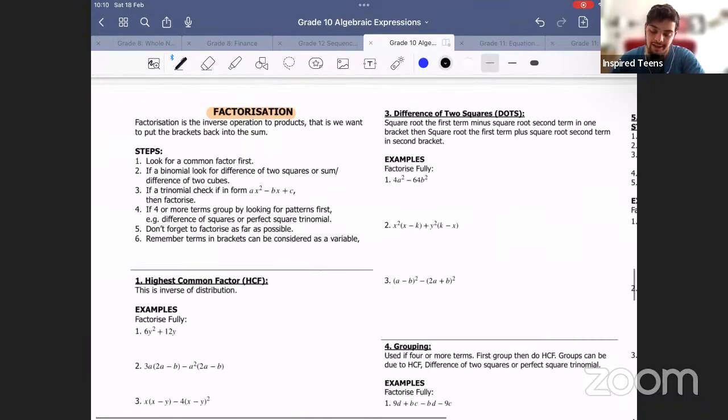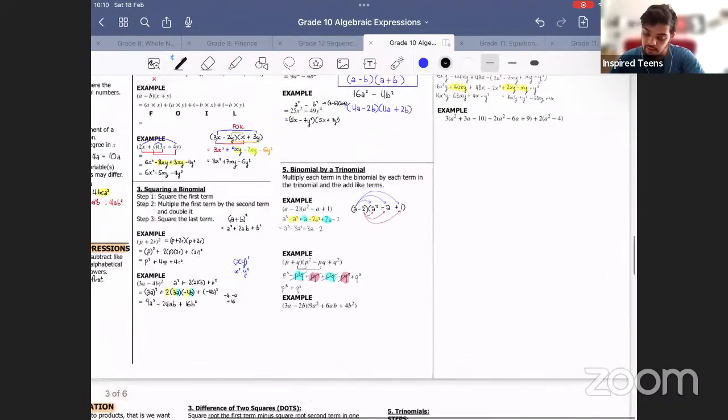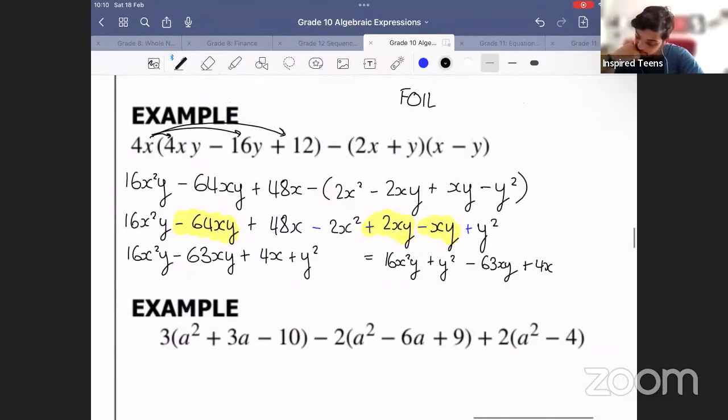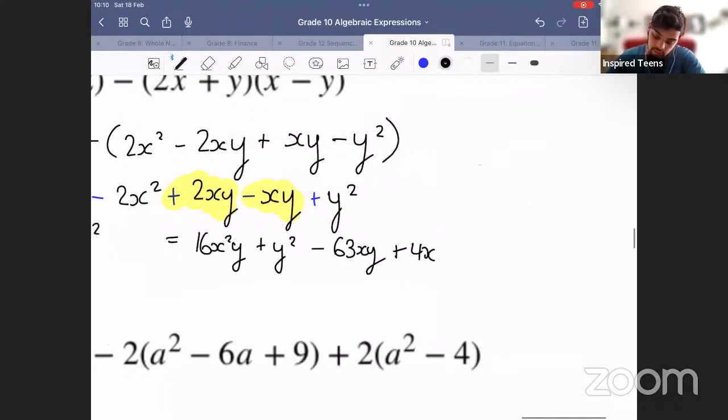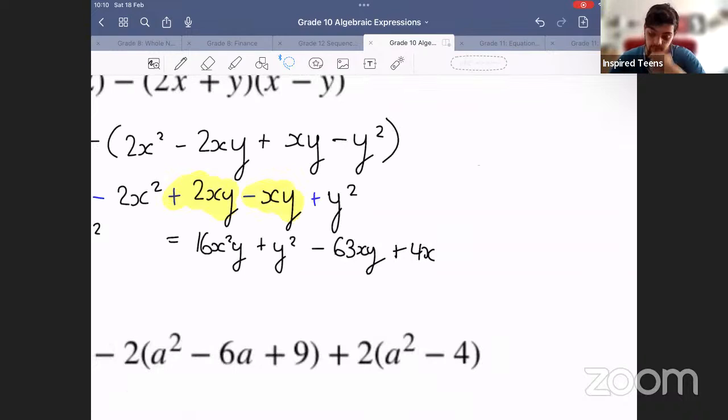Let's move on to factorization. There's a missing term, 2 times squared. I see what you guys are talking about. So then what we do is we move this. Okay, let's not do that.